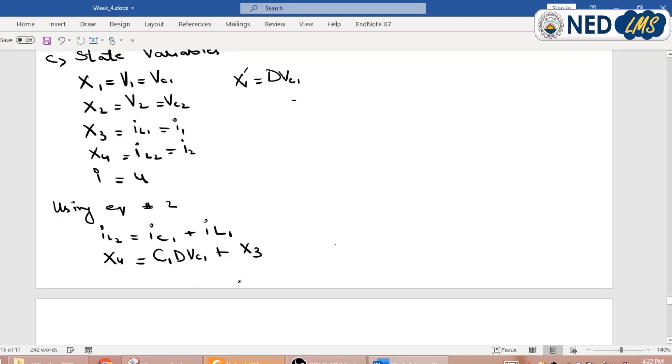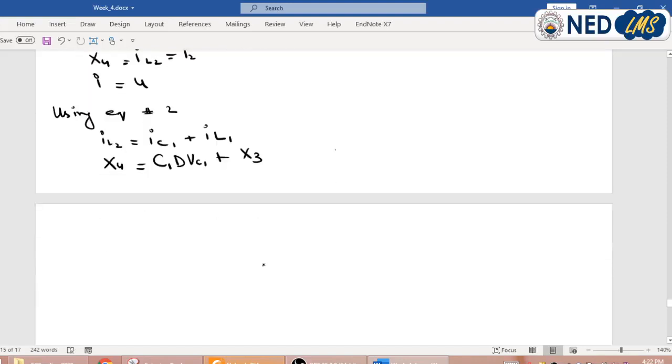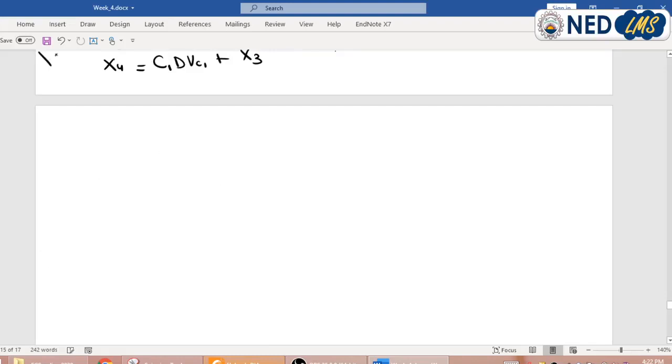So I can write this equation: x1 dash is equal to minus 1 over C1 x3 plus 1 over C1 x4. This is my first state equation A.